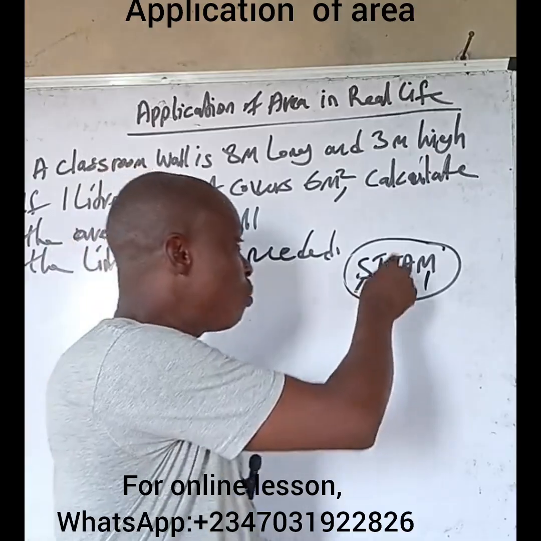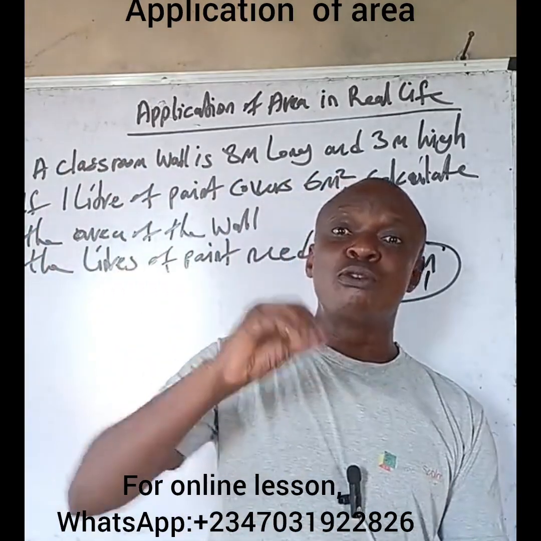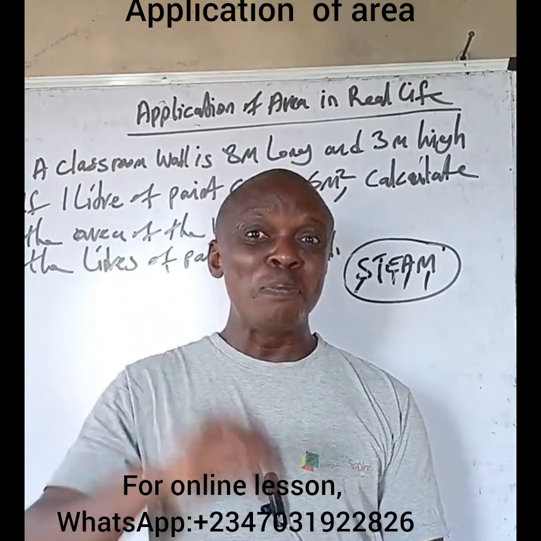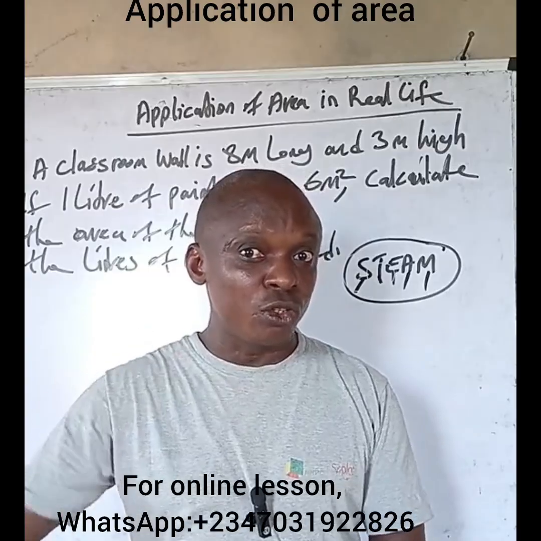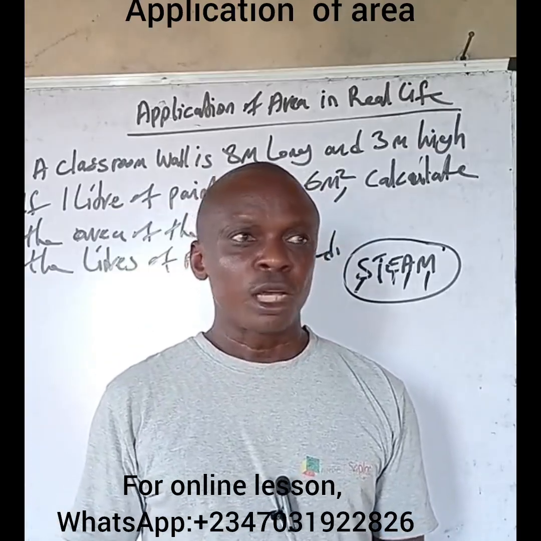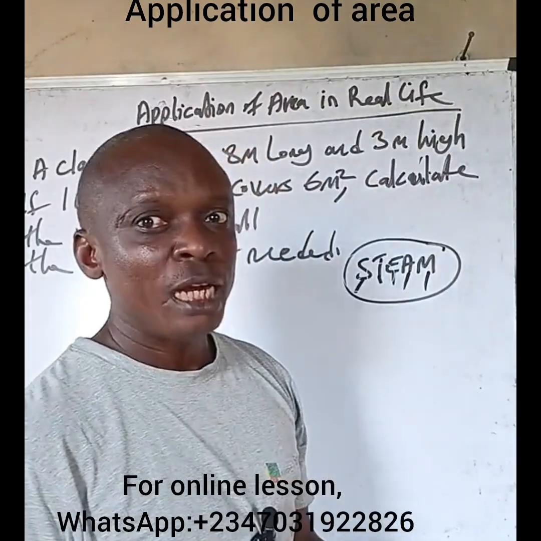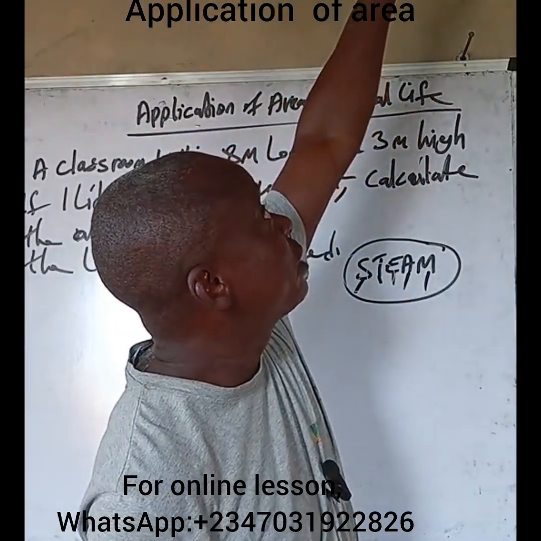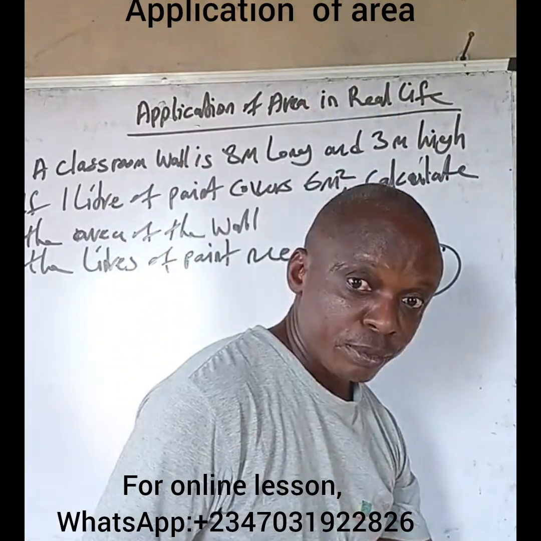Now the technology, what does technology actually do in the painting? Technology provides the measuring apparatus or the paint calculators. For instance, if I want to paint this wall here, I will carry a measuring tape and measure the height from there to there.